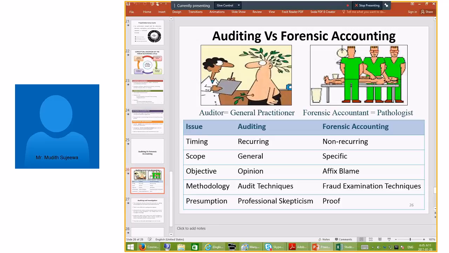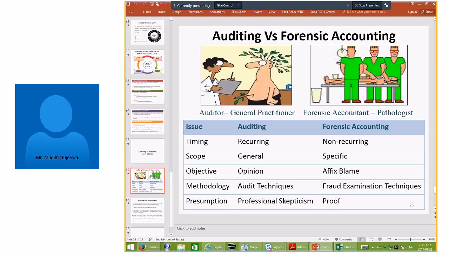So then this is to fix blame, that is what? So that should not be an opinion, that should be somewhat concrete, that conclusion. So there is a fraud or not. And if it is a fraud, what would be the impact, and all that you should mention, right? So methodology is the audit techniques. Then again, fraud examination techniques are there.